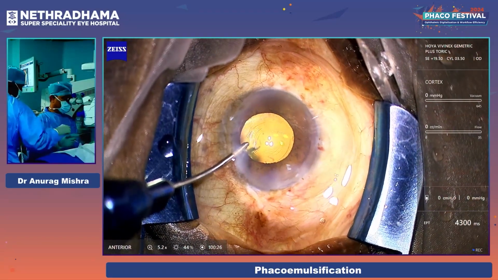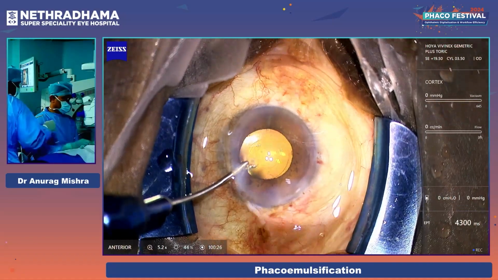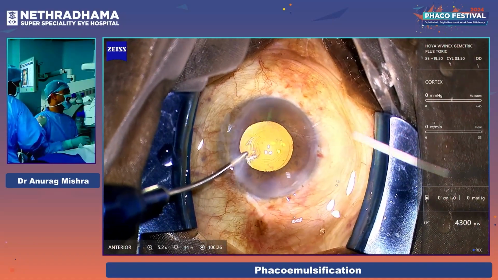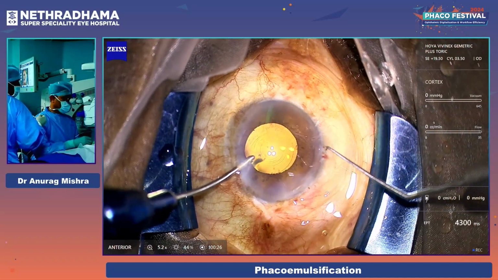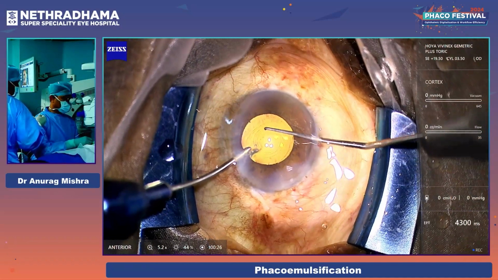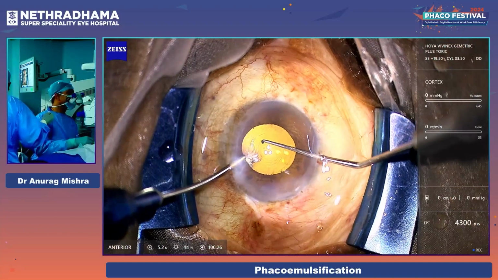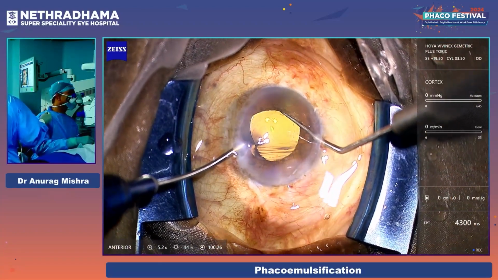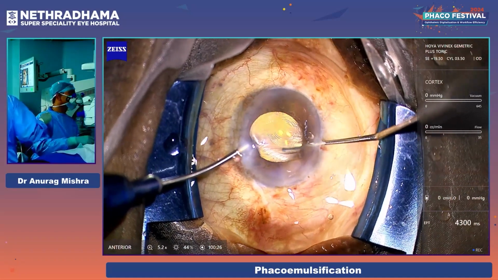Can we have the Callisto switched on, please? Okay, so it's not coming in the microscope. I'll have to look at the screen and align it. Oh, this is tricky. It's not coming in the microscope.